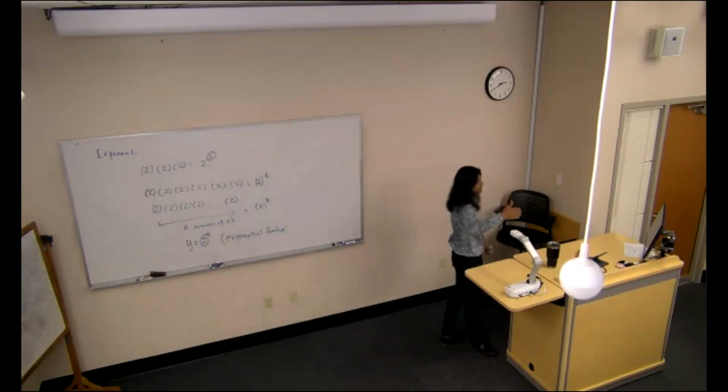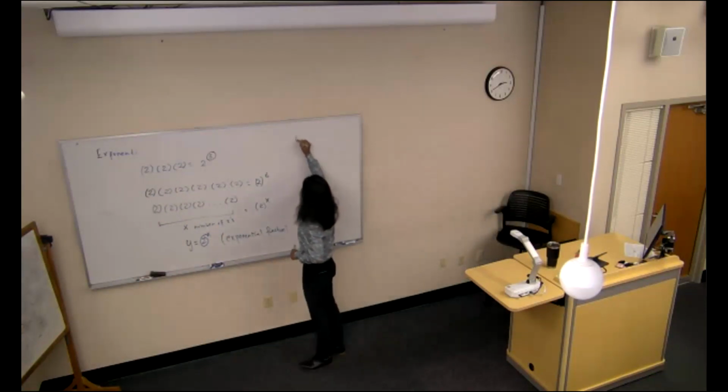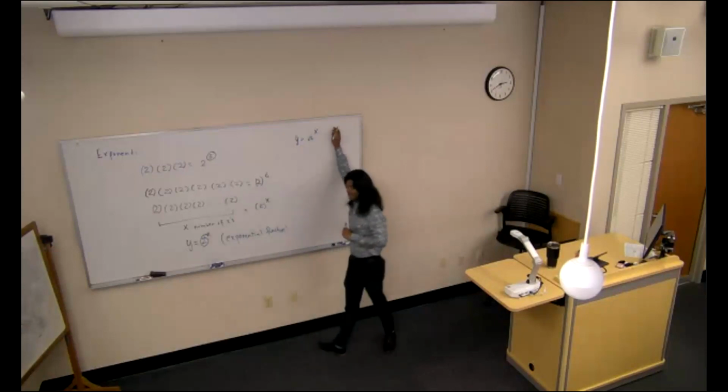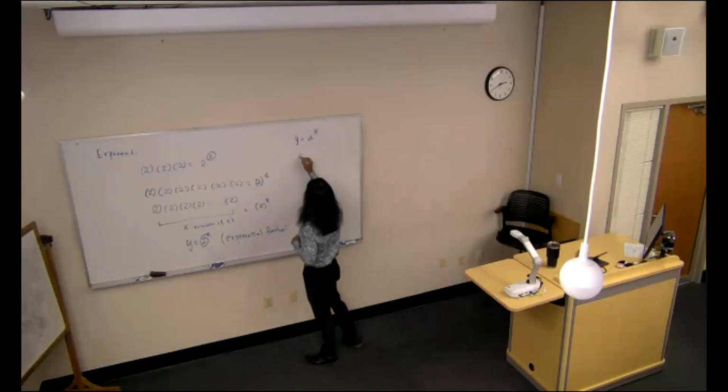X is the exponent, the base matters. So in general, we can write an exponential function as y equal to a raised x, where a is the base, and x is the exponent.